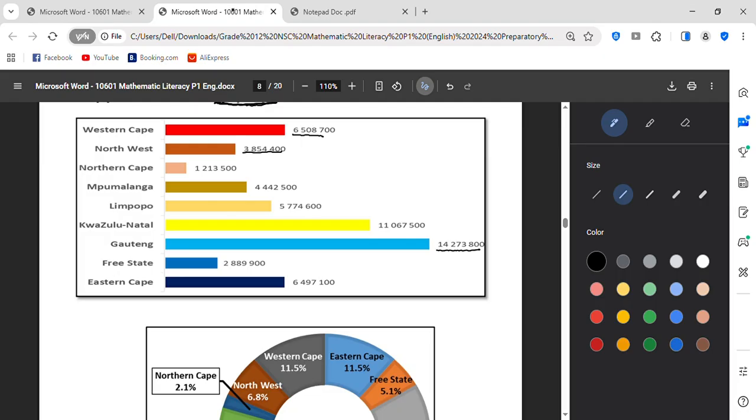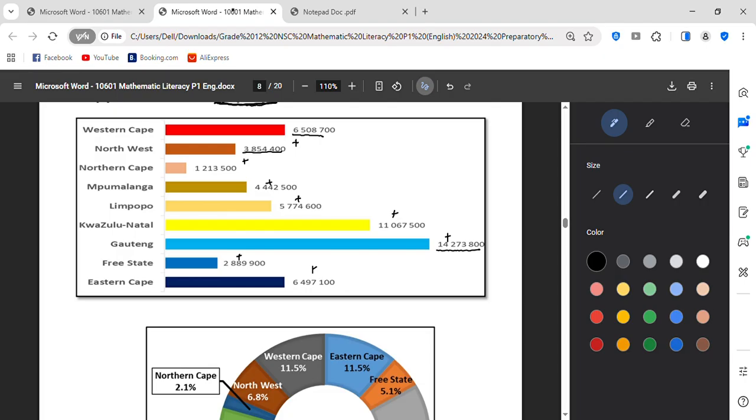So what are you going to do in order to get your answer? You are just going to take 6,508,700 plus 3,854,400 plus 1,213,500 plus 4,442,500 plus 5,774,600 plus 11,067,500 plus 14,273,800 plus 2,889,900 plus 6,497,100.